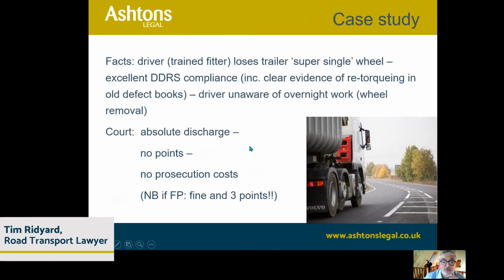And I dealt with a case a few years ago that was very interesting and along these particular lines. The facts of the case are really these. There was the driver who in fact was a trained fitter, but after many years he'd started driving and was a very good driver, excellent daily defect procedures.